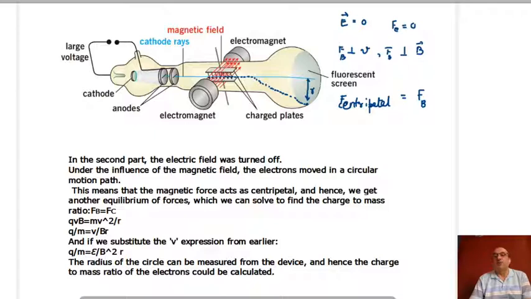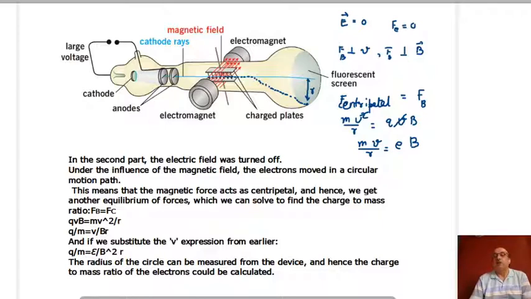The centripetal force on the charged electron is equal to mv square upon r, and it will be equal to qvB. So mv upon r will be equal to eB, where e is the charge of the electron. v and v square cancel each other.